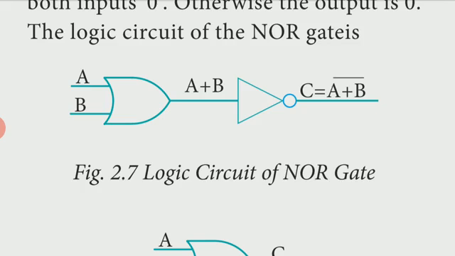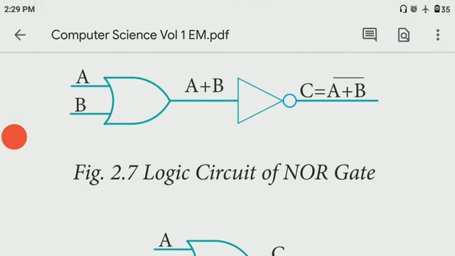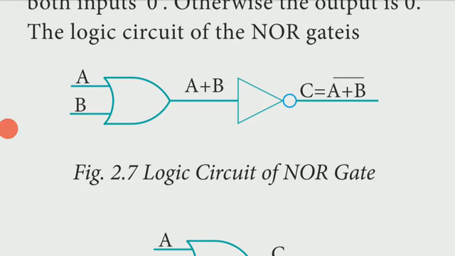So first we find the answer for the OR gate, and that output is given as input to the NOT gate. After that you get the answer C equal to (A plus B) the whole dash. This is the output for the NOR gate.